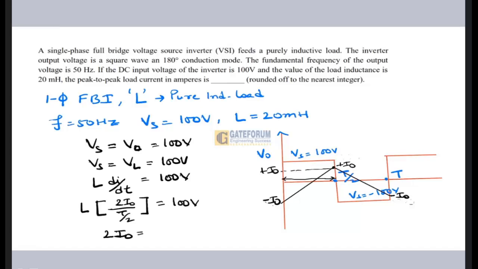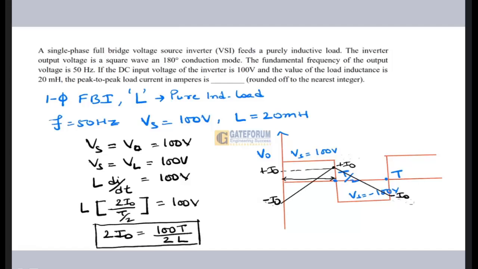So that will be 100 T by 4 L. No, not 4L, 2L, because I am calculating 2 I naught, not I naught.